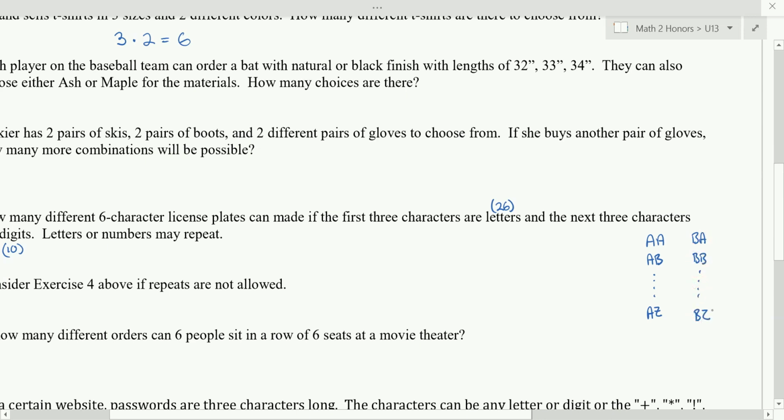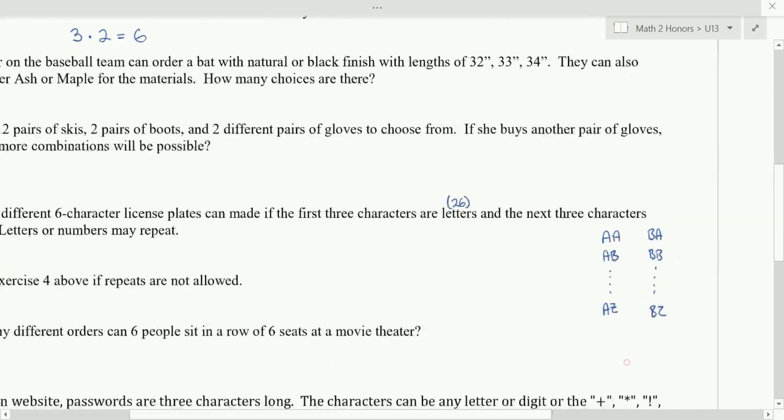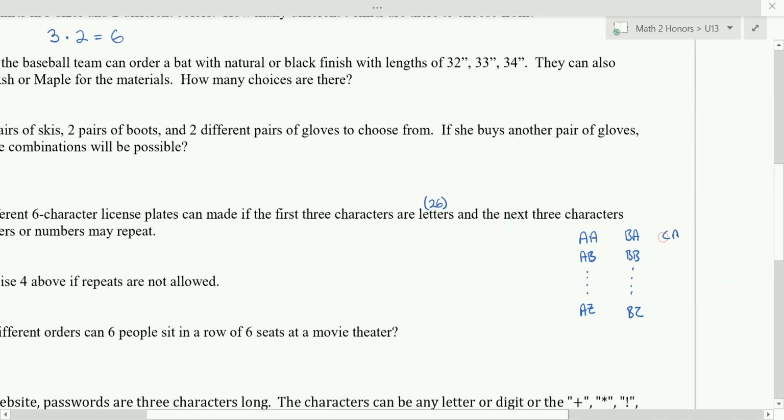So there's another 26. Then I could do CA, CB, all the way down to CZ. So I have 26 going down, and I'm going to have 26 going across. So 26 times 26 is how many I'm going to have, which is a big number, right?